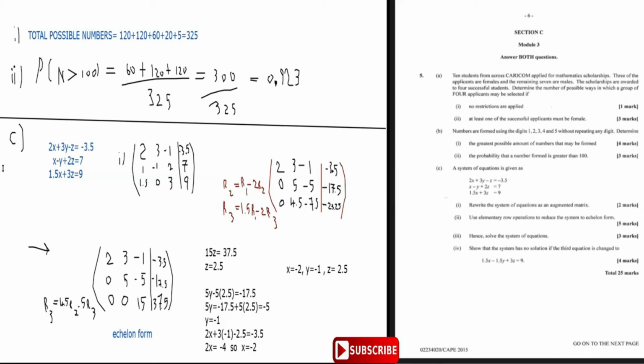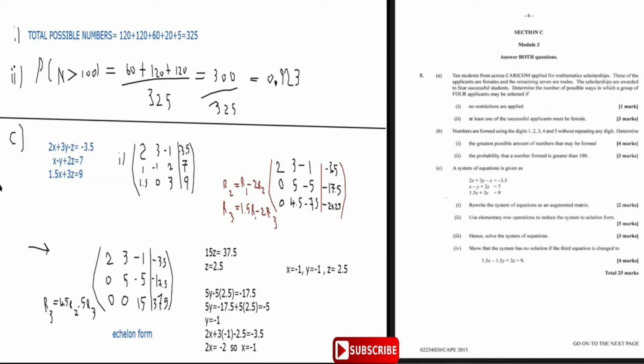No, x is minus 1. I made a mistake right here. Let me edit this. 2x is minus 2, so x is minus 1. So here x is minus 1 as well. All right, that should be fine now.